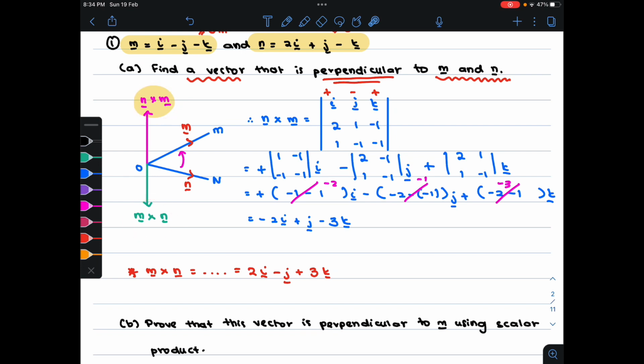So as you know, if you have opposite vectors, which is a and negative a, this means that when it is in opposite direction, the vector will have negative sign to indicate the change in direction. So this means that m cross n is actually negative times n cross m, because this vector is the opposite direction of n cross m.